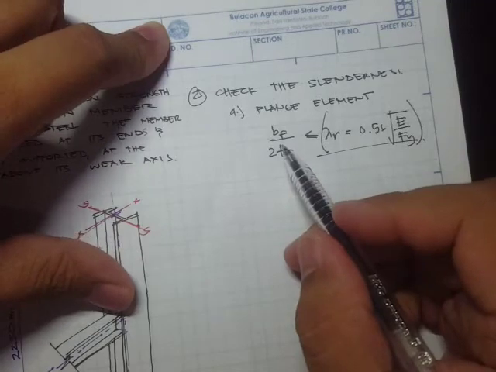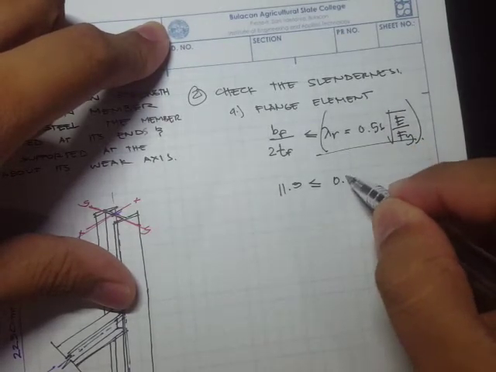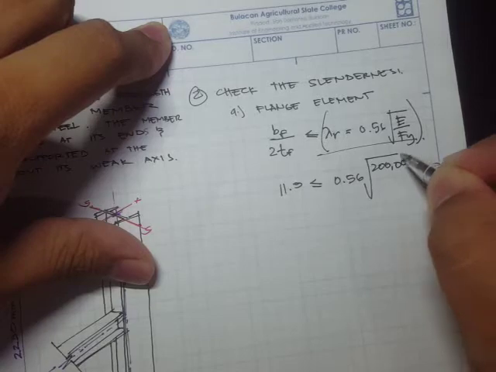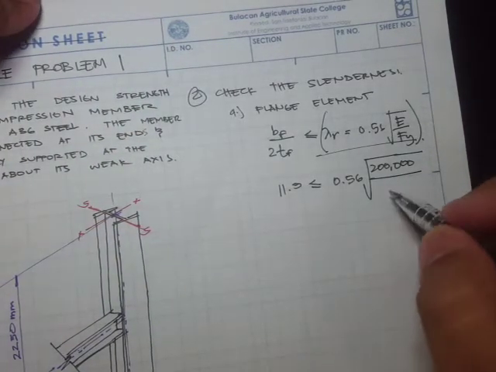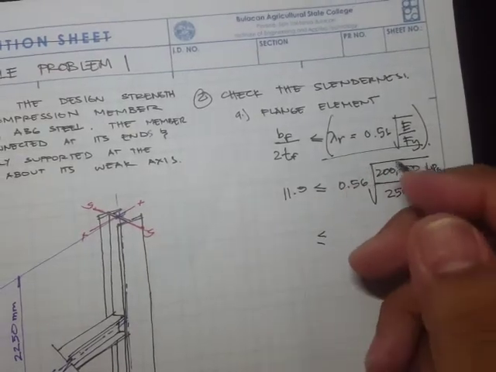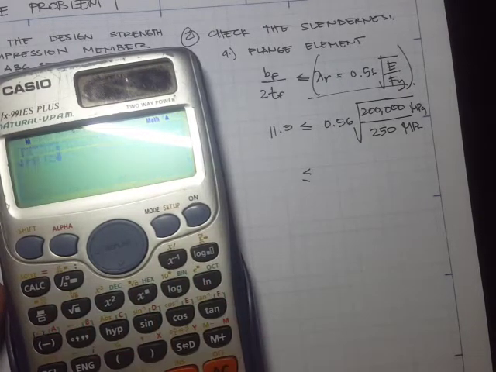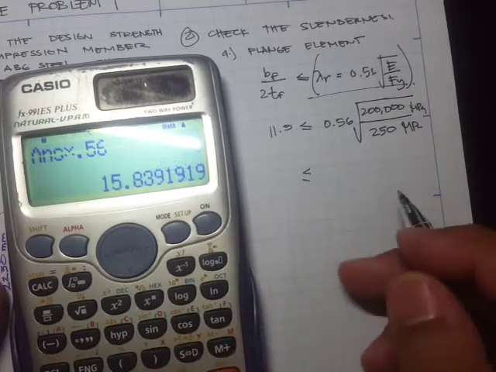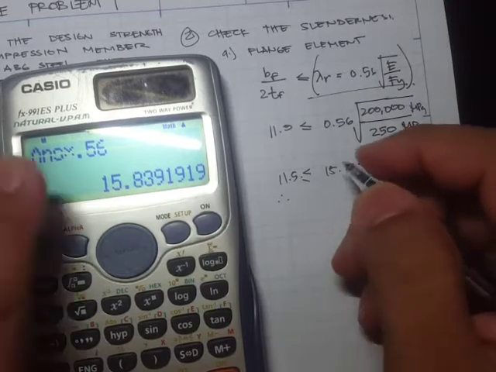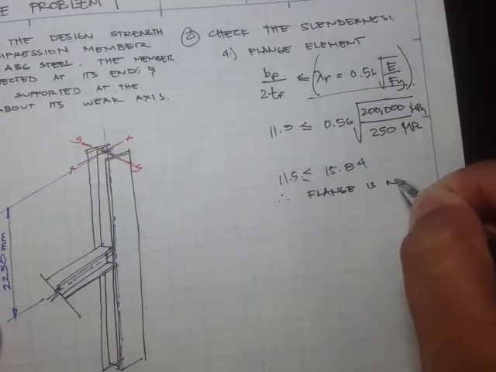This one is 11.5, and this one is 0.56 times square root of E. The modulus of steel is 200,000 megapascal, and since this is A36, Fy is 250 megapascal. 200,000 divided by 250, square root, that's 15.83, so 15.84. Therefore, flange is not slender.